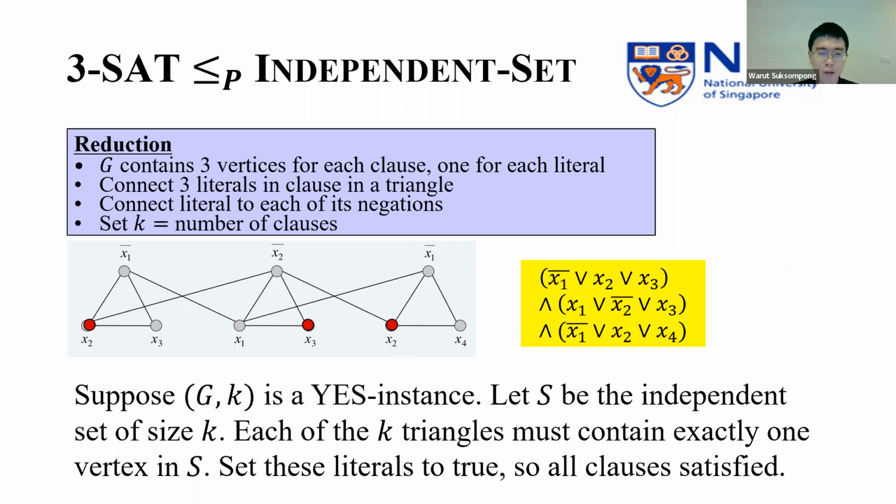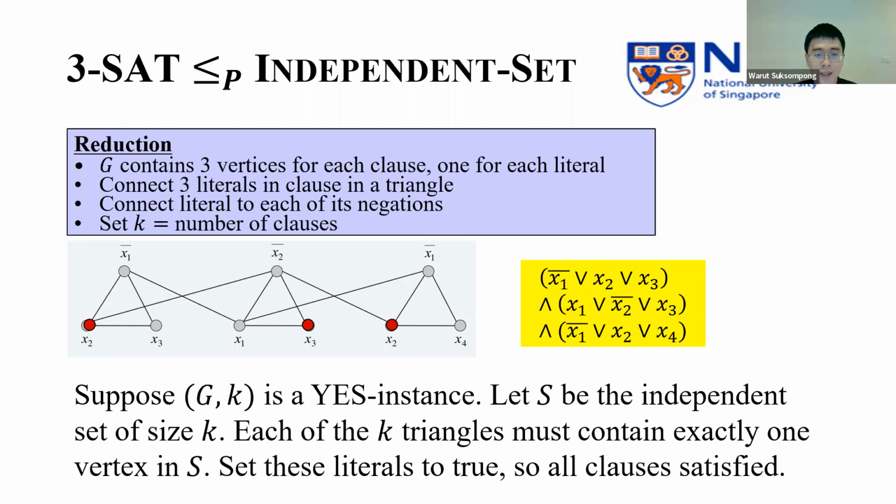It cannot be that two of them are in the same triangle because in each triangle, any two vertices are connected. Because there are exactly k triangles, these k vertices have one per triangle. For each triangle, we've picked one vertex, and any two of these vertices cannot be connected because it's an independent set.